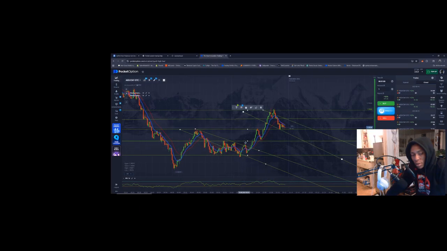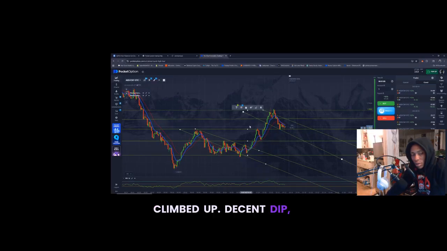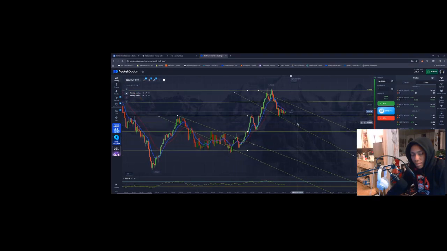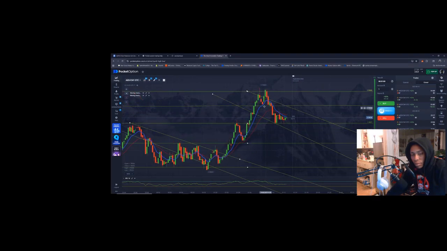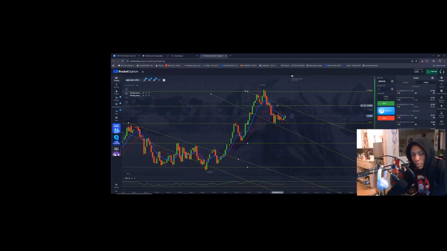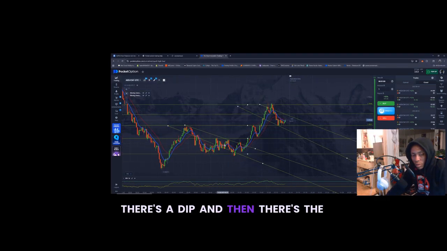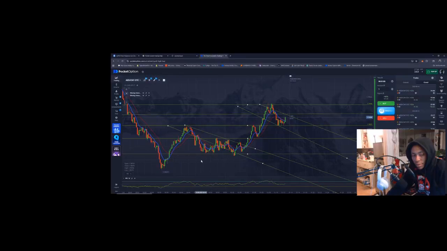These lines, you see it climbs up, just like right here, climbed up, decent dip, consolidation, another dip. So now there's the dip, and now it's just gonna fluctuate. There's the dip, and then there's fluctuation.